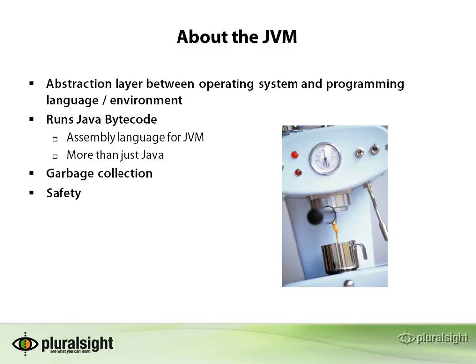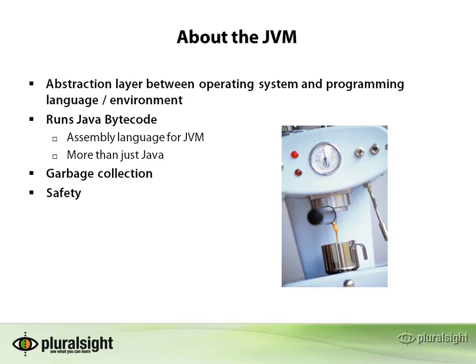So if you're familiar with C++ and allocating your own memory and freeing it up, Java frees you from having to do that. And the other thing along with that, by running in a JVM, is you have some safety. It's kind of a sandbox. A JVM is going to do things like verify that the code doesn't violate its memory or address spacing, that it's not going to be able to just access some random part of the operating system.